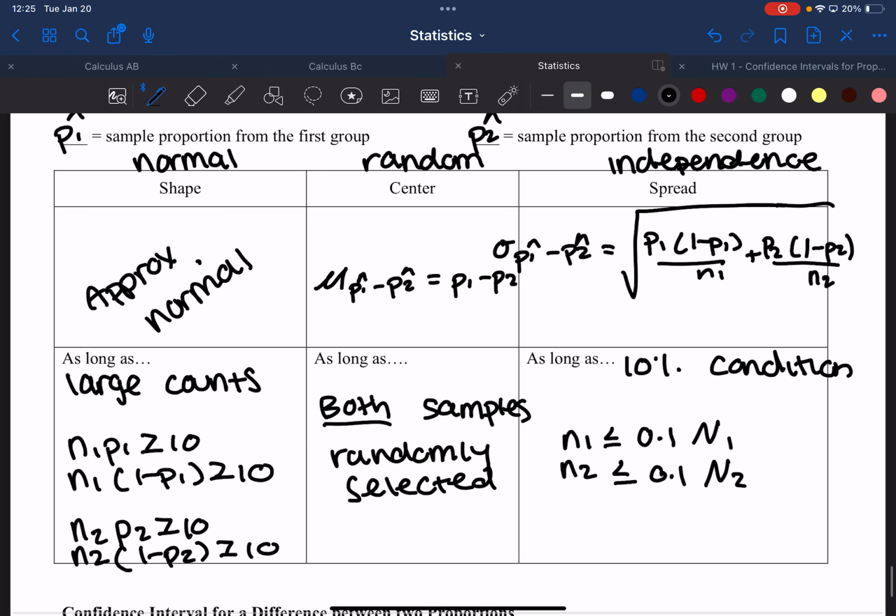So again, none of this right here is new. We've done this a few times already on different notes. Okay, talked about the 10% condition, large counts condition, and more specifically those formulas for each of them. We're just now adding a different sample proportion.